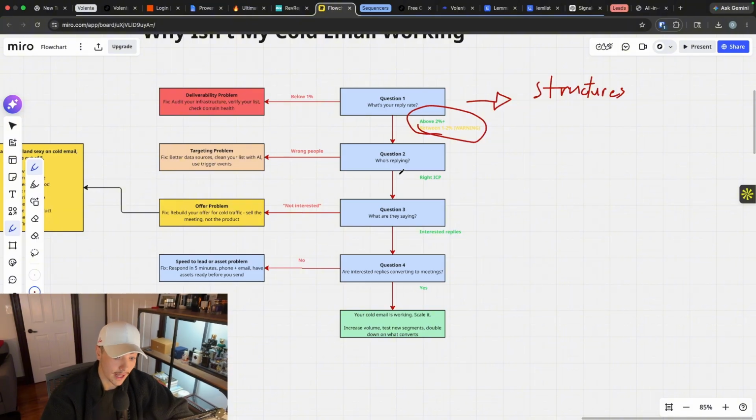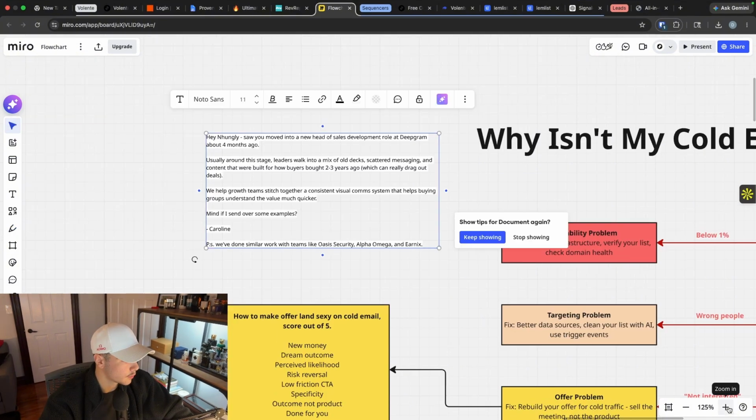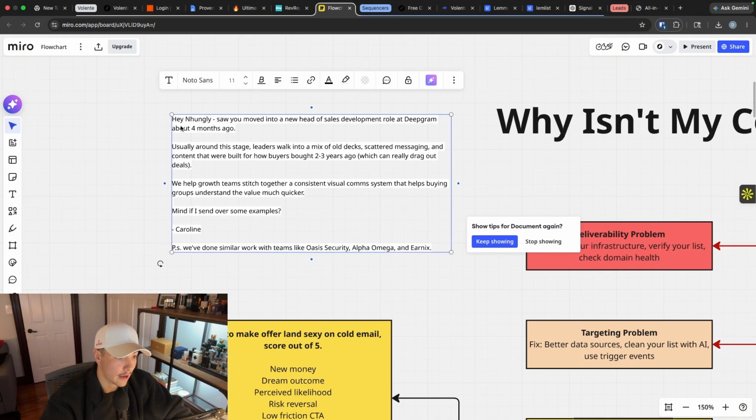The opening line literally looks like, hey, I noticed you just moved into the sales role at company name about 4 months ago. And then we bring up an angle that's super relevant. This is what I'm talking about. So this is how the copy looked for that campaign: hey, first name, saw you moved into the new role at this company about 4 months ago.